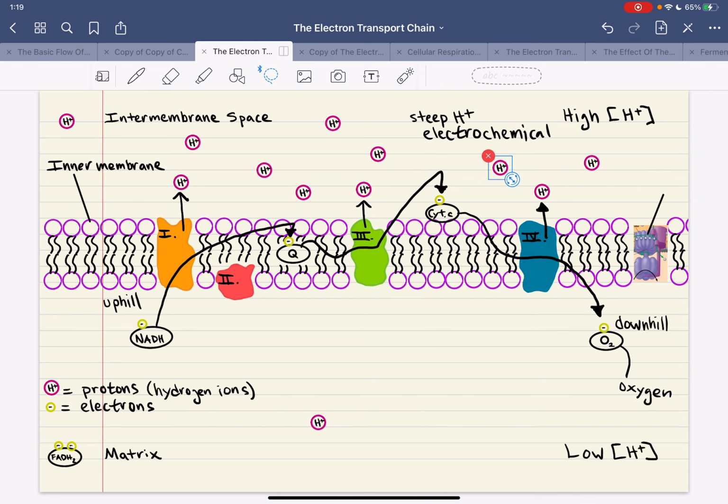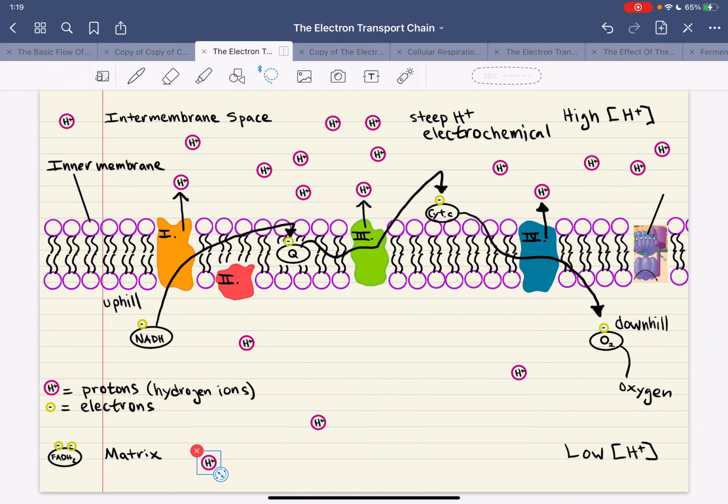And what creates this high concentration? The ETC does. Protein complexes 1, 3, and 4. Relative to this side, where there's a lower concentration.